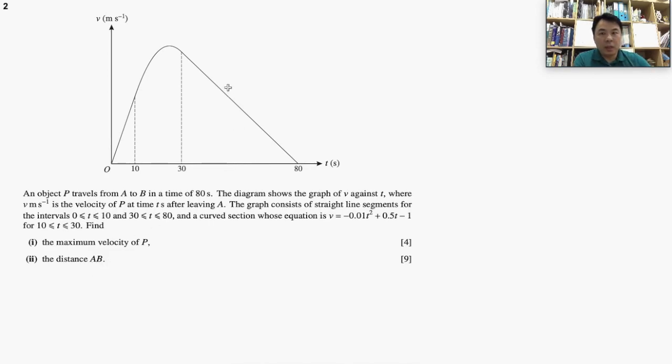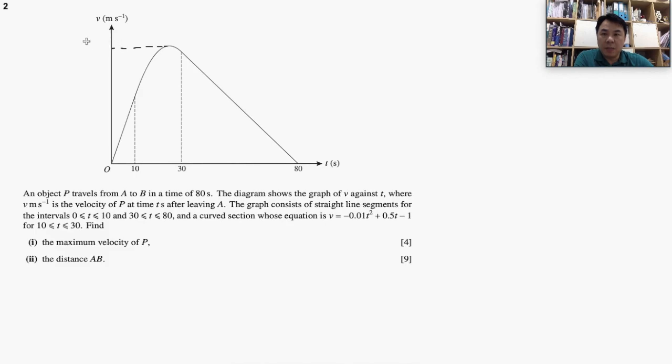Okay, so we are clear on what we are looking at, and next we are going to find out what the task is that we need to complete here. The first question is find the maximum velocity of P. Just by looking at this graph, the maximum velocity of P can be found here.